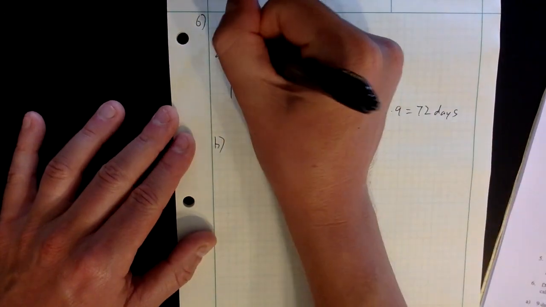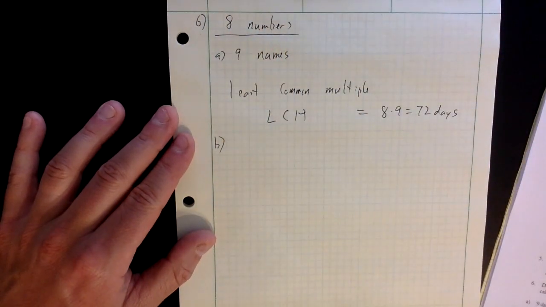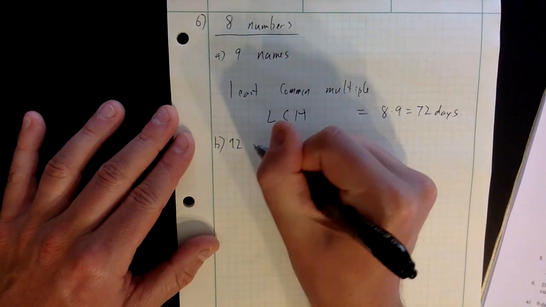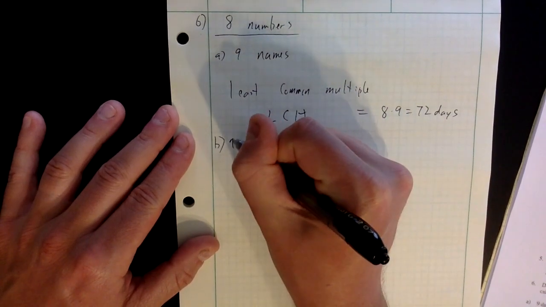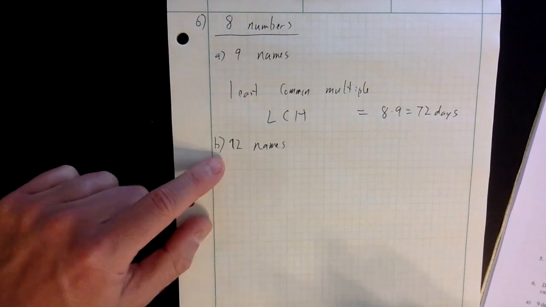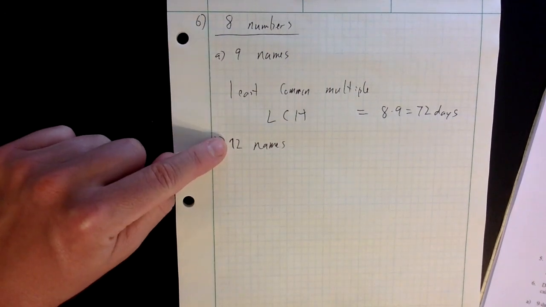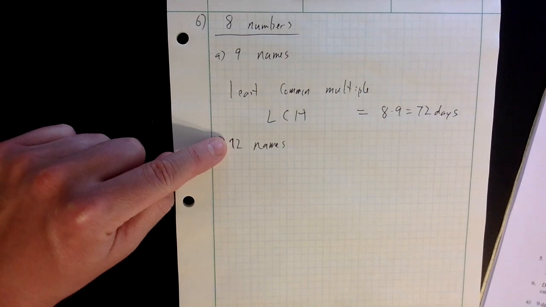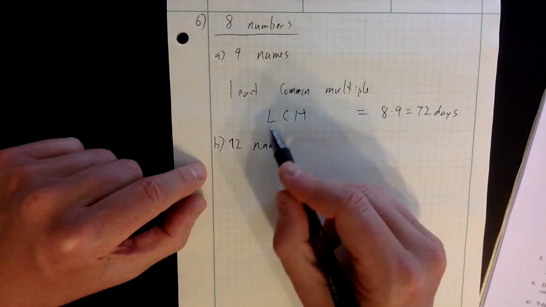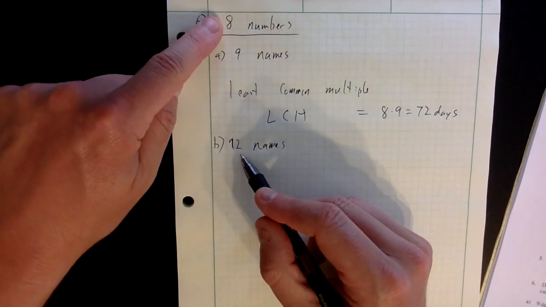If we look at B, we're still looking at 8 numbers up here, but now for part B there's 12 names. Now 8 and 12 share a common factor. They share 2. They also share 4. We're still looking for the least common multiple, but now of 8 and 12.